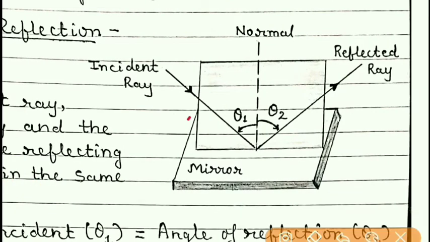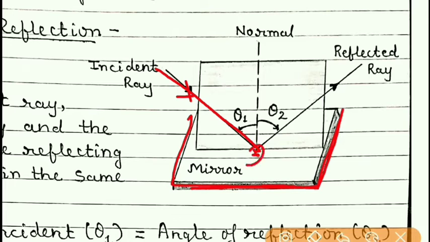Here in the figure, this is a plane mirror lying on the horizontal surface, and a ray of light is incident on the surface of this plane mirror. So here this surface is a reflecting surface.